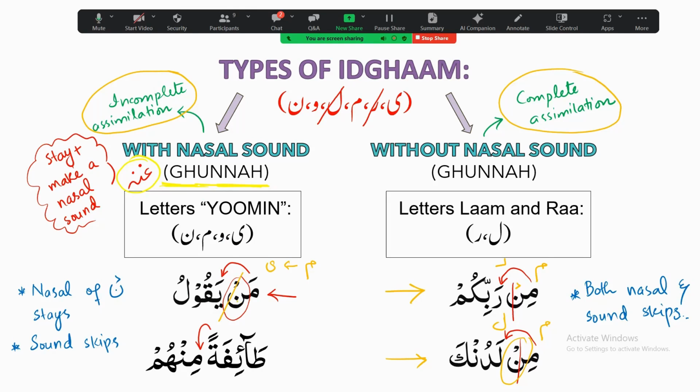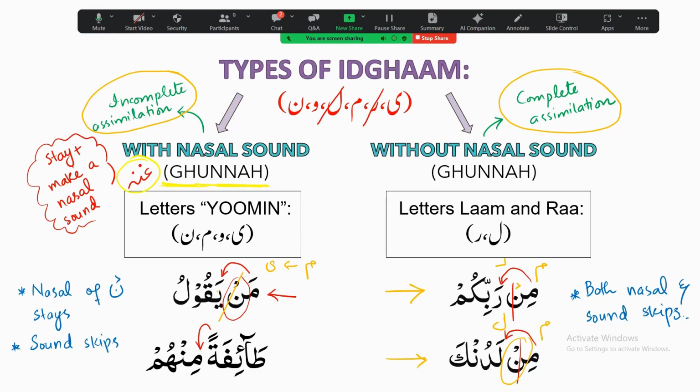But as we try to assimilate the sound into the ya letter, the nasal sound of noon is something we are unable to hide, because that happens naturally. So when we say "may yaqulu," we do not say "mayya."